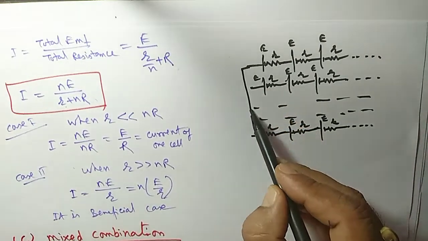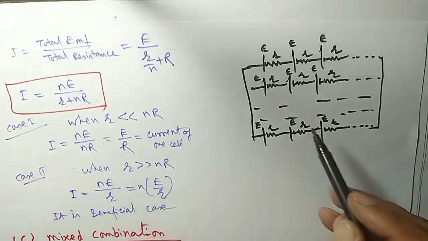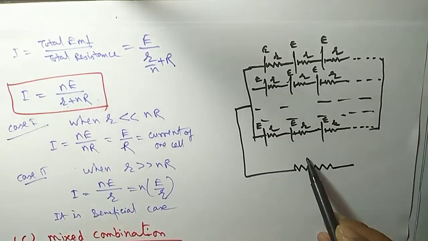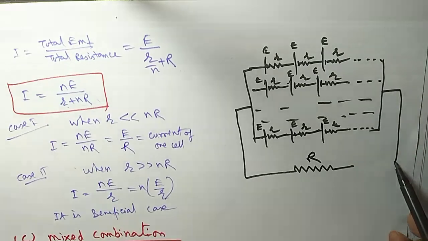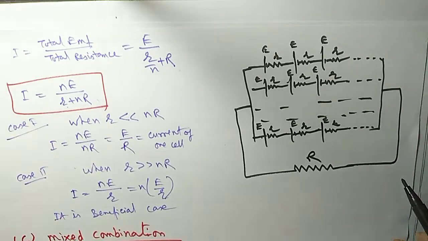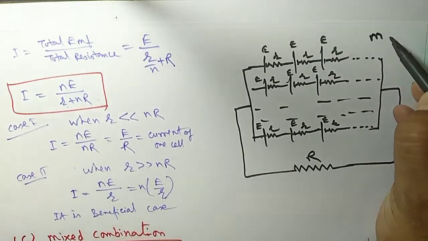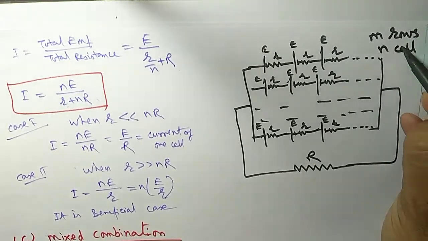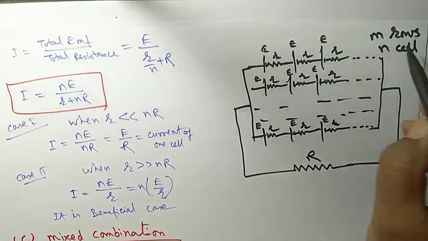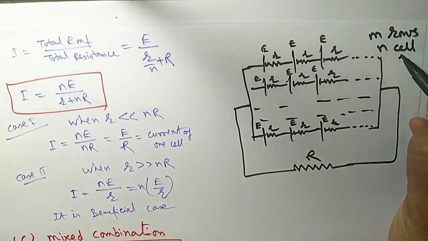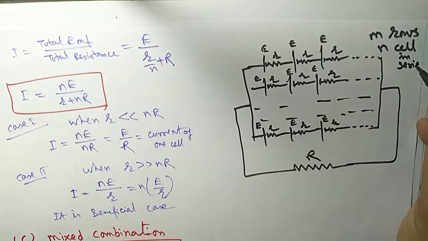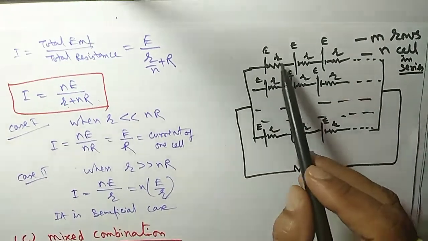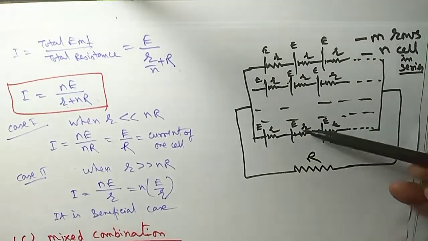Suppose all are connected in parallel and it is with the external resistance capital R. Okay, so you can say here m rows and n cells in series. Okay, in series n cells and m rows are there. So 1, 2, 3, n cells and m rows.